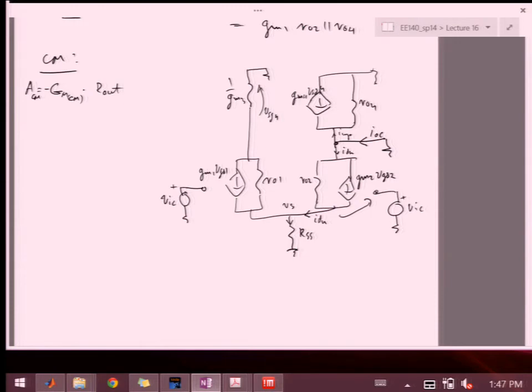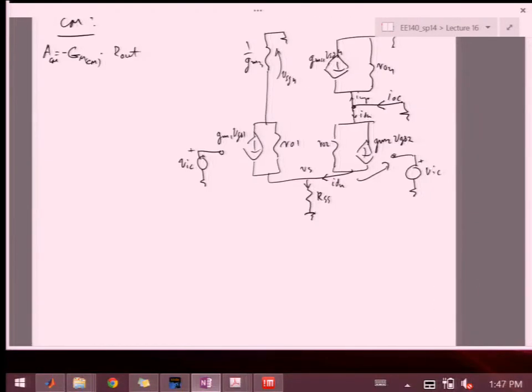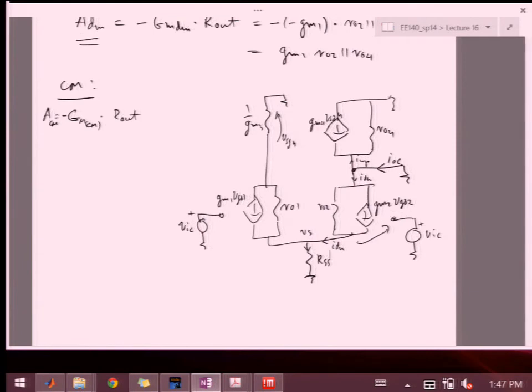So what I can do, though, is say that, look, because this is 0, and this is 0 over here, then really nothing's going on through this RO4. Right? So all my I up is coming from this GM VSG, which means that all I up is flowing here as well.